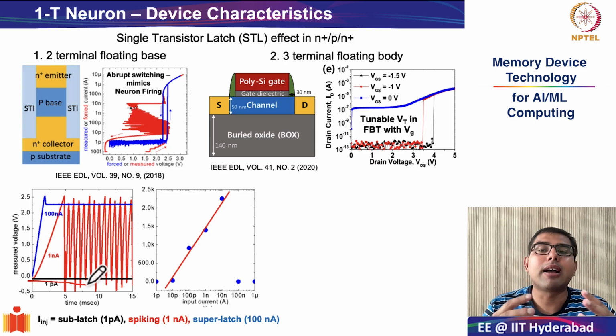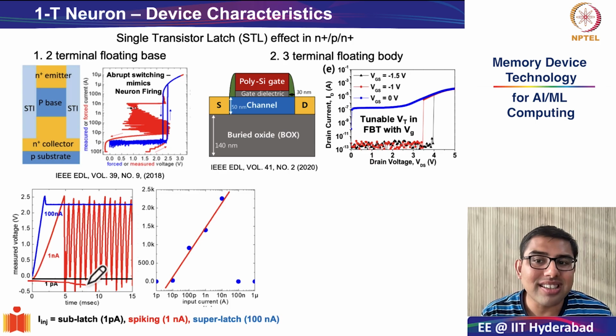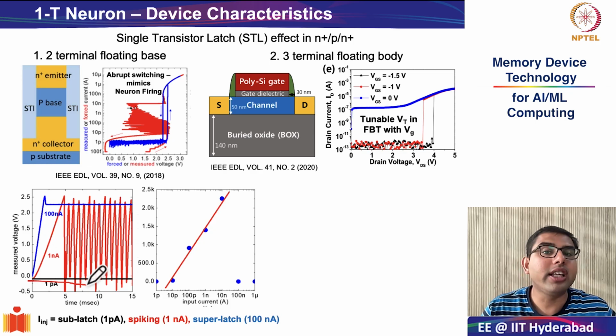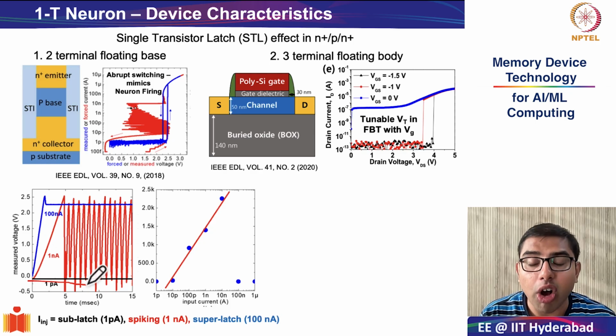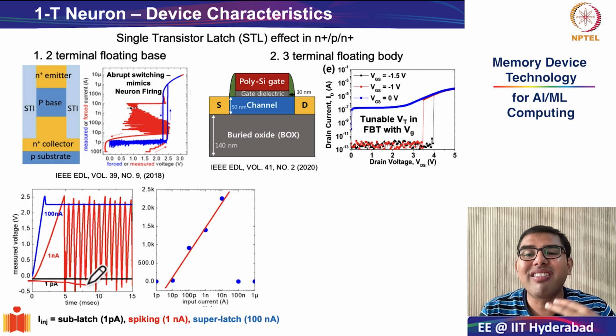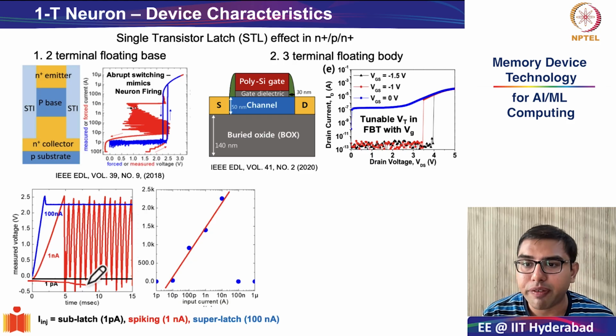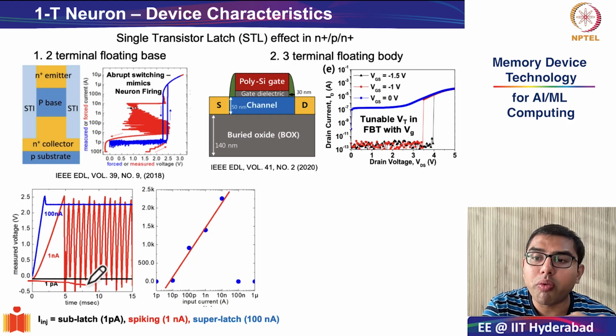The device is completely inactive. Why is this the case? Because the injected charge is so small that it is completely lost through recombination and leakage. As a result, there is no triggering single transistor latch effect and the output voltage stays flat at 0 volts. This is called the sub-latch regime where no firing occurs.